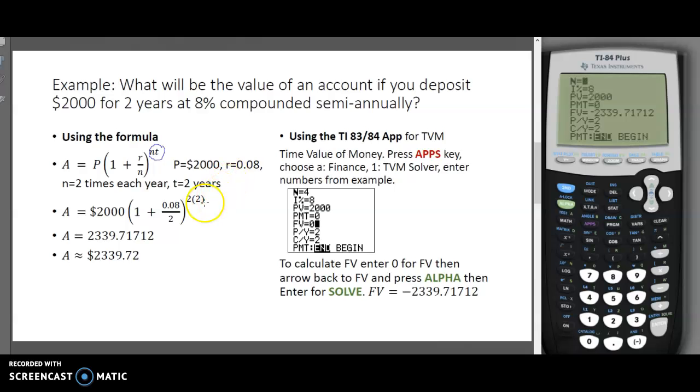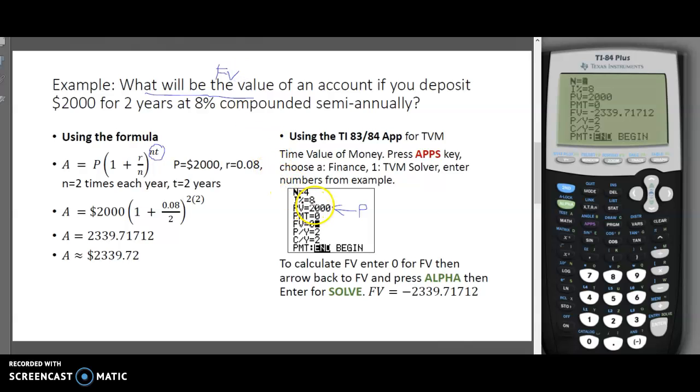Interest rate is put in without the decimal, so 8% is put in as an 8. PV is present value, so the present value or the principal, we might think of this as our P, but think of that as the present value, because remember what we're looking for here is what will be. So we are looking for future value on this one.